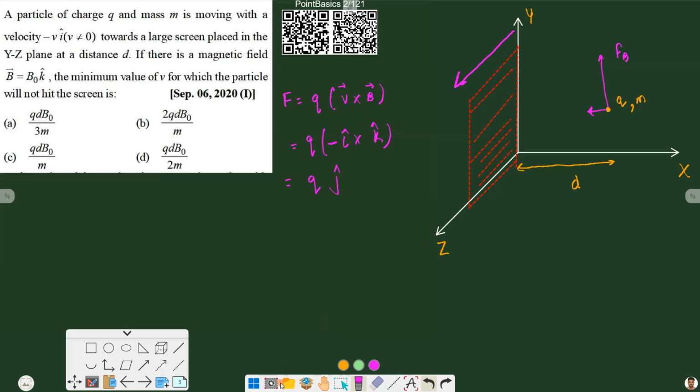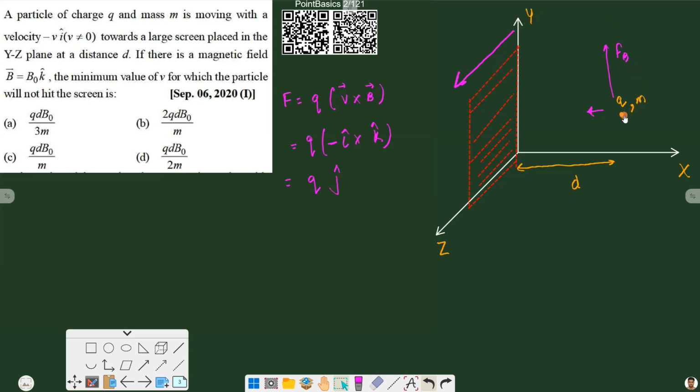If there were no magnetic field, then this particle would have moved in a straight line. But as there is a magnetic field, there is an upward force on it, and this particle will start rotating like this in a circle.